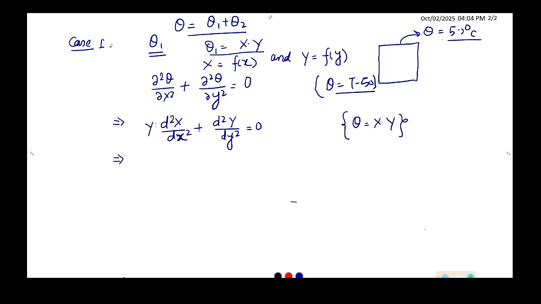Now rearranging, this can be written as minus 1/X d²X/dx² equals 1/Y d²Y/dy², and this we can assume as lambda squared.